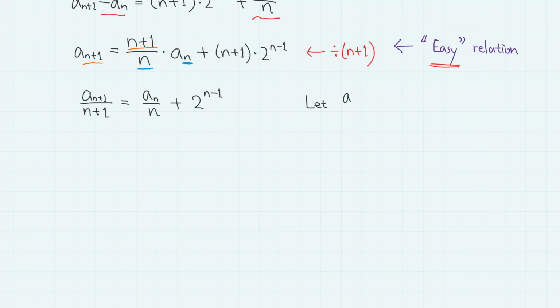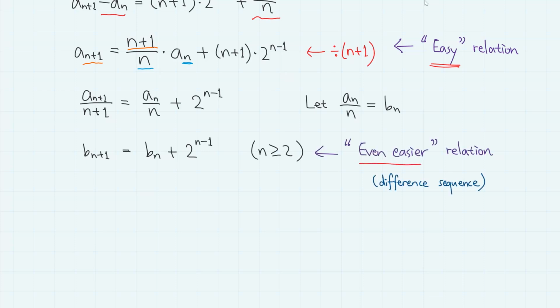Here we can make a substitution, an over n equals bn. Then the left hand side is b(n+1), so we have b(n+1) equals bn plus 2 to the power of n minus 1.